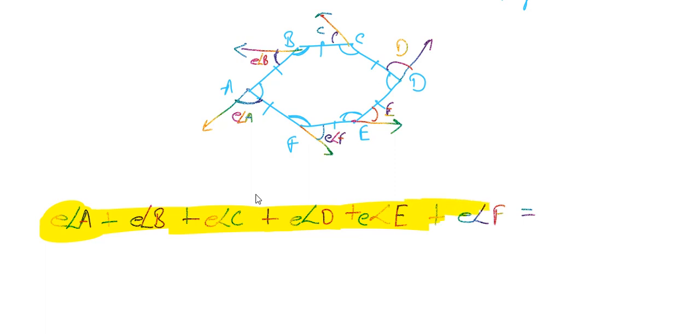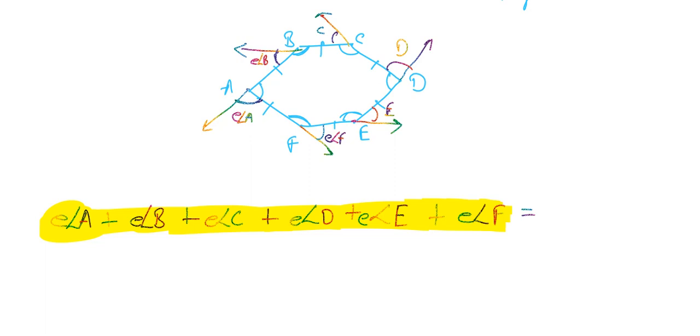Use that summation of external angles property which I have just illustrated to you. It is a direct question. You may just recall that property and tell me the answer. What should be the answer here?